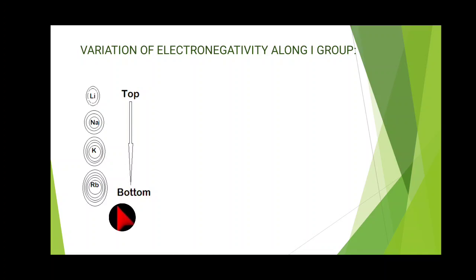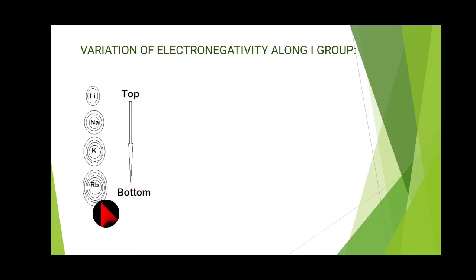Atomic size increases, and extra shielding in each orbital increases. Now the electronegativity decreases from top to bottom. The tendency of an atom in a molecule to attract a shared pair of electron towards itself decreases because the effective nuclear charge decreases.